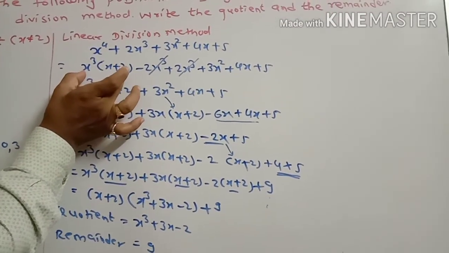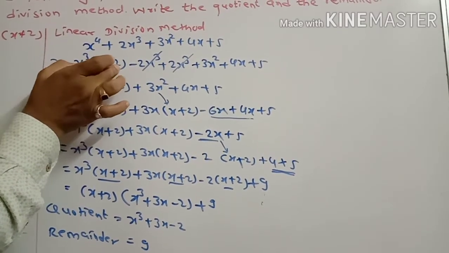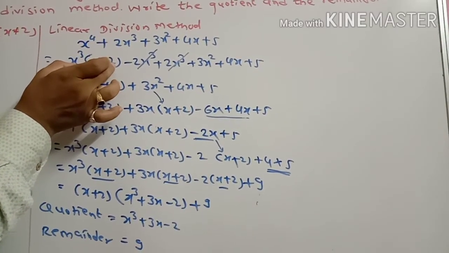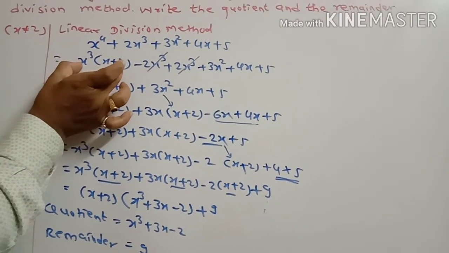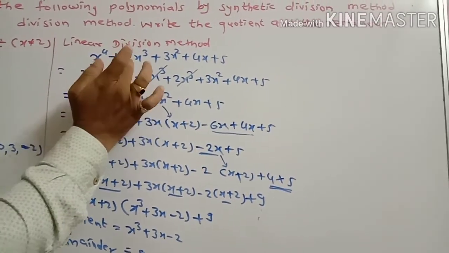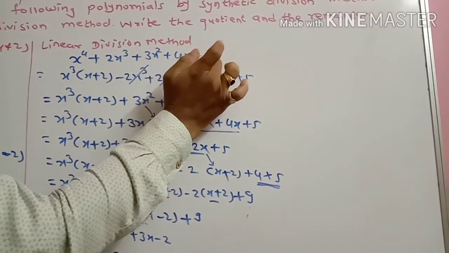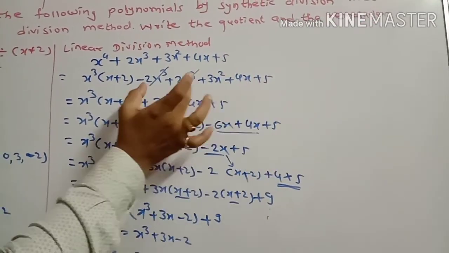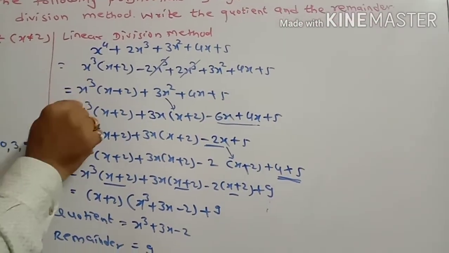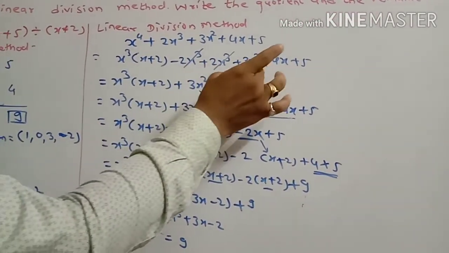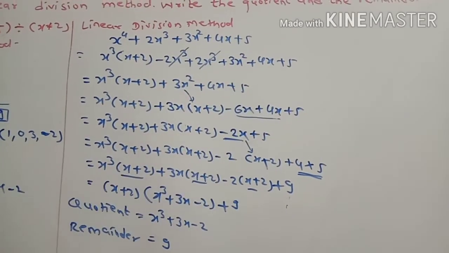Then take the product of the second term of the bracket and the common term, x cube into 2, 2x cube. Write the opposite of that, minus 2x cube. Then write the remaining terms of the given polynomial as it is. Here plus 2x cube minus 2x cube gets cancelled. Then x cube into x plus 2 plus 3x square plus 4x plus 5.